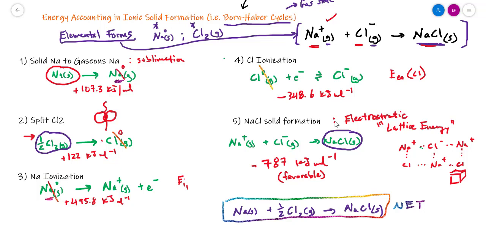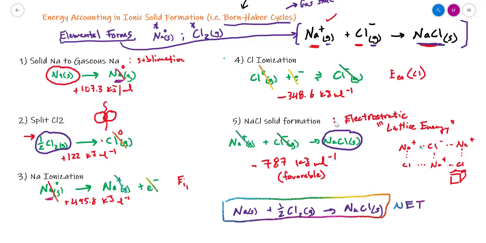The electron here is the same electron that gets added to chlorine that was removed from sodium. This is on the product side. Those go away. Chloride gas is also on this side, and our sodium plus gas as a reactant was a product over here.